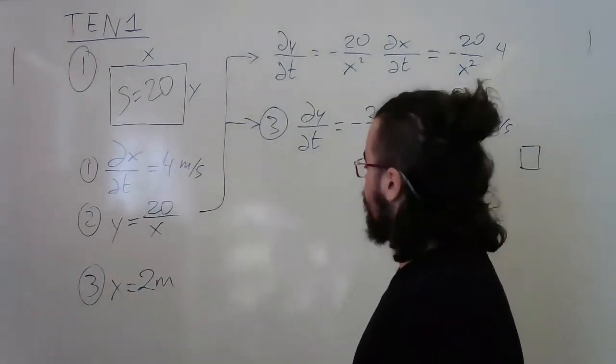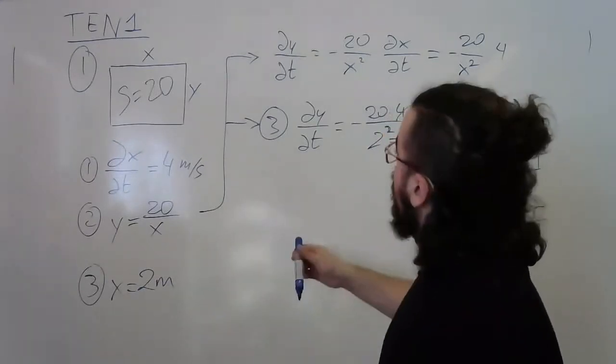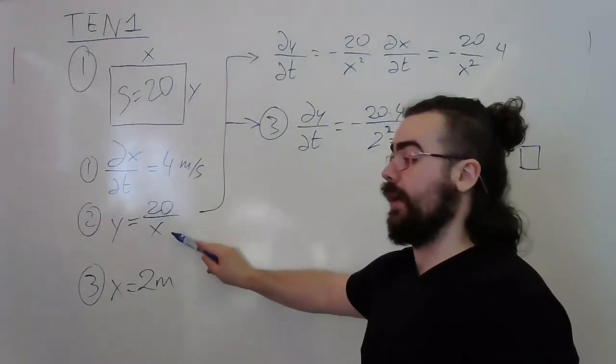It's minus 1 over x squared, because you're deriving 20 over x. The derivative of 1 over x is minus 1 over x squared.